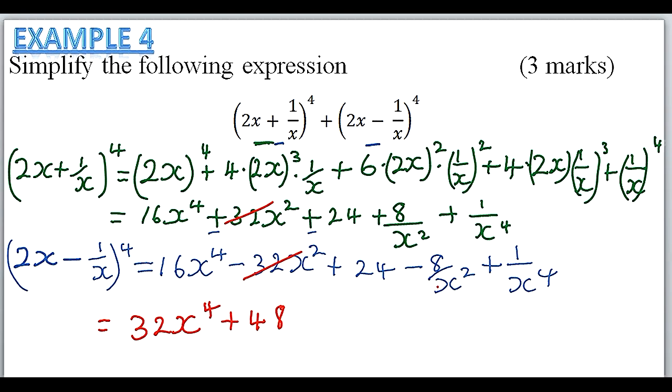Then we have plus 8 over x squared and minus 8 over x squared, so these cancel. Then we have 1 over x to power 4 plus 1 over x to power 4. So that will give us plus 2 over x to power 4. So that is the expansion of that.